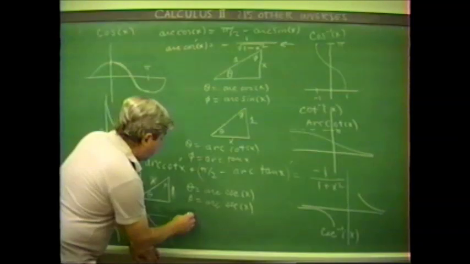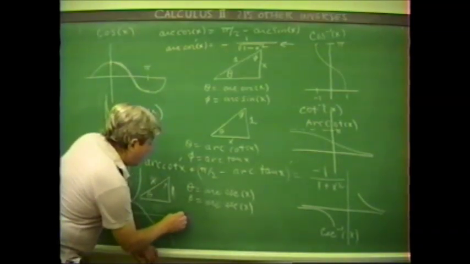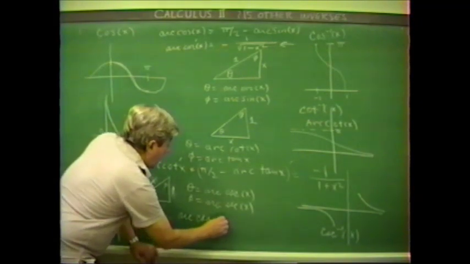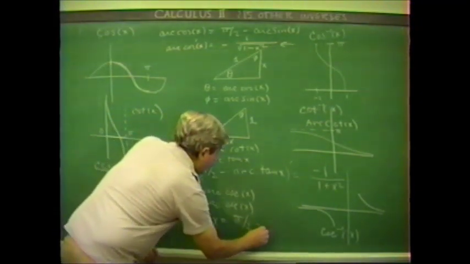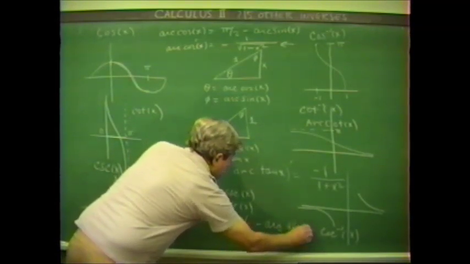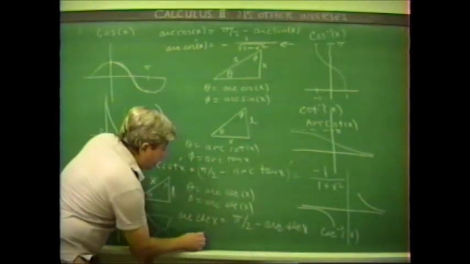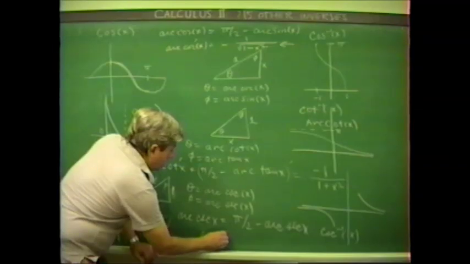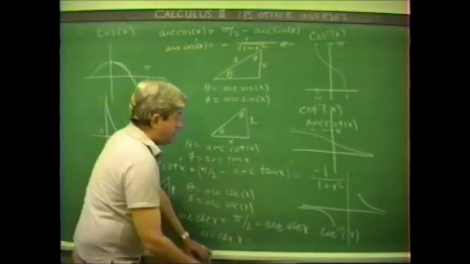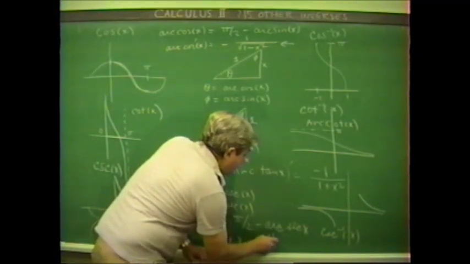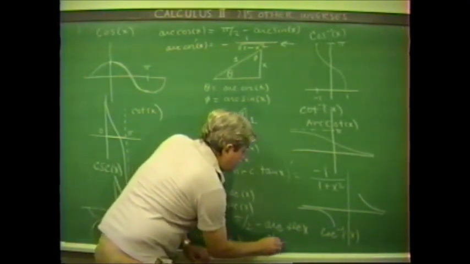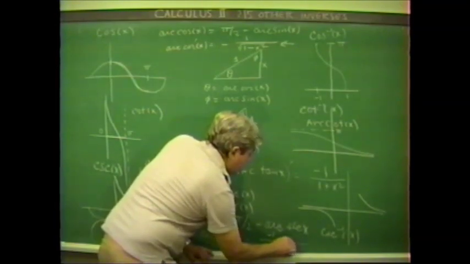All right? And so again, what we're going to get is that arc cosecant x is pi over 2 minus arc secant x. And so the derivative of arc cosecant x is going to be the negative of the derivative of arc secant x, which is minus 1 over absolute x times the square root of x squared minus 1.